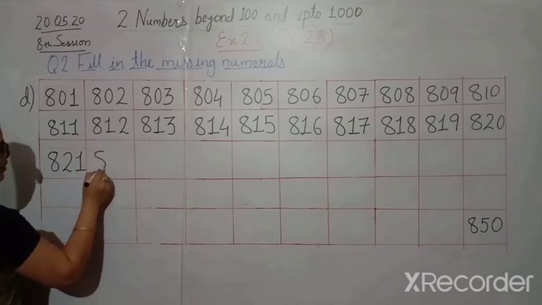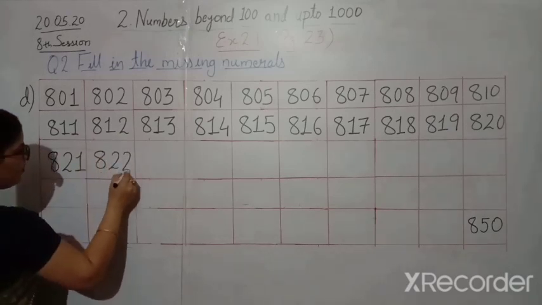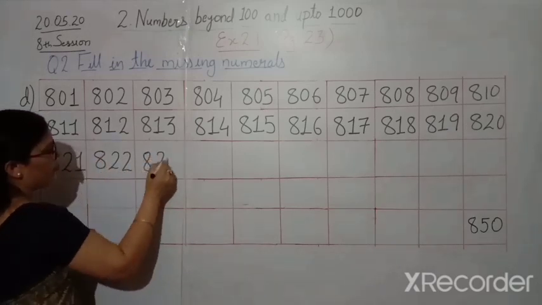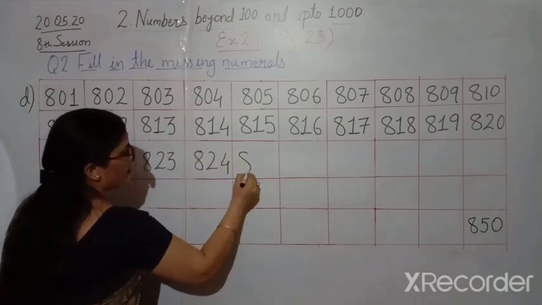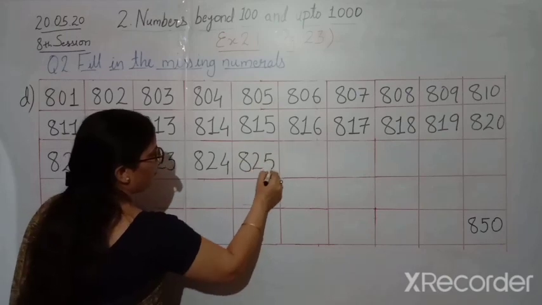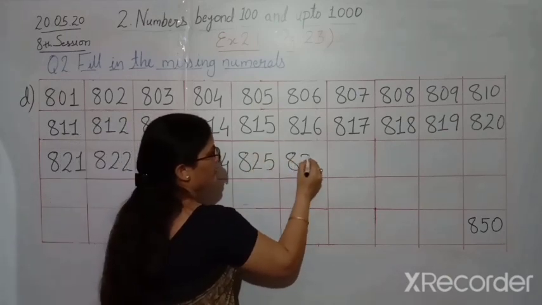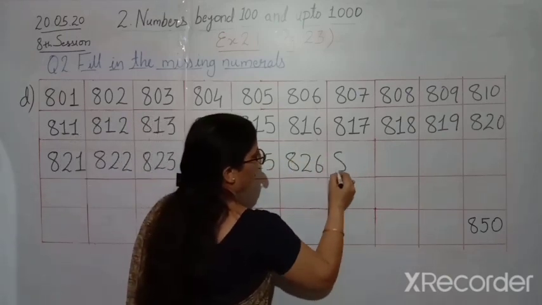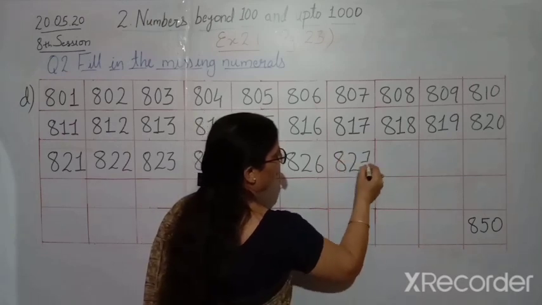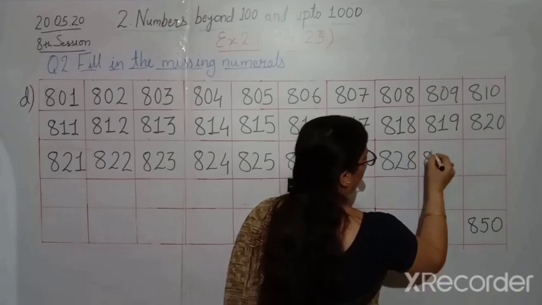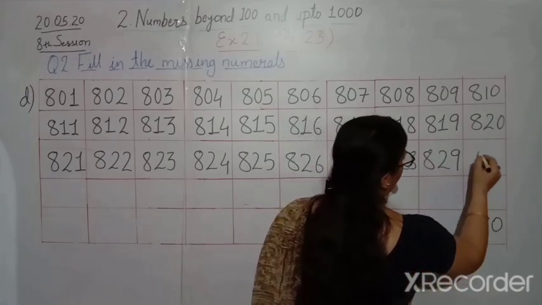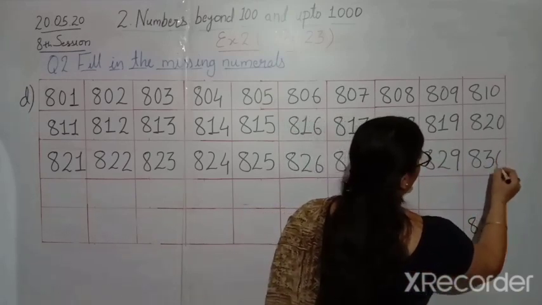Now again continue. 822, 823, 824, 825, 826, 827, 828, 829 and 830.